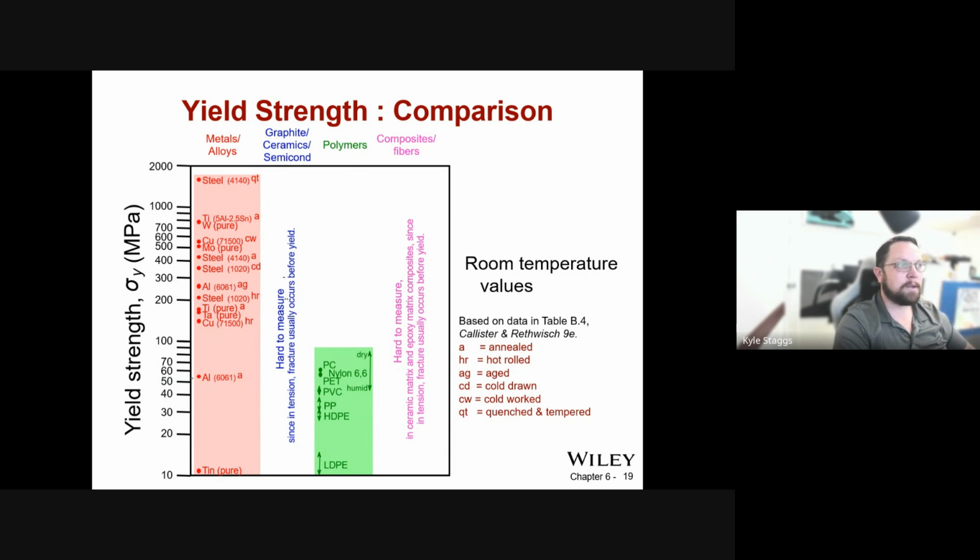So A is annealed, meaning we anneal materials in order to be able to make them softer for making machining easier. Tyler had mentioned there's such a process called work hardening. We're going to learn about that later. Often when you work harden something, you have to go in and anneal it to make it soft again, and it becomes a whole thing. So steel 1020 hot rolled is a very mild steel.